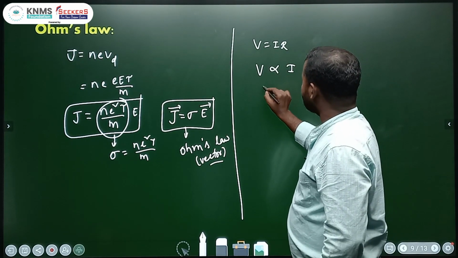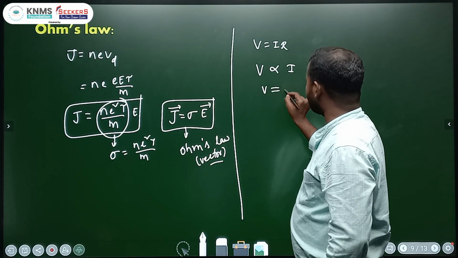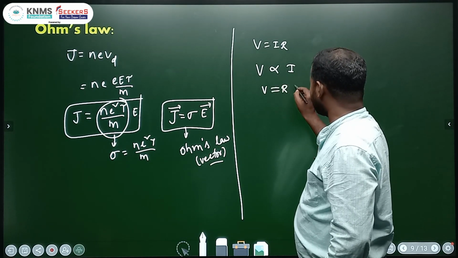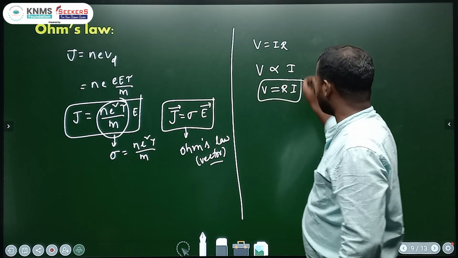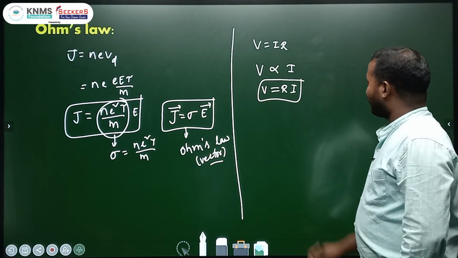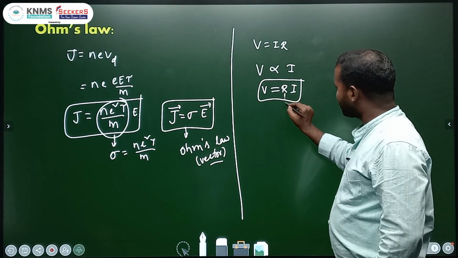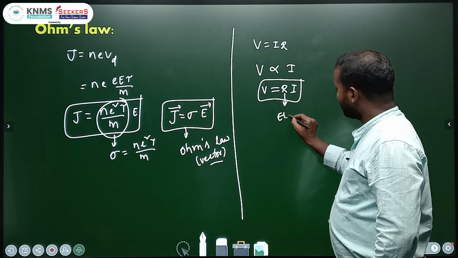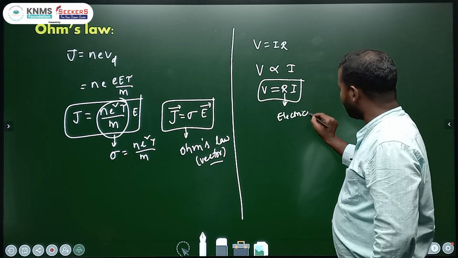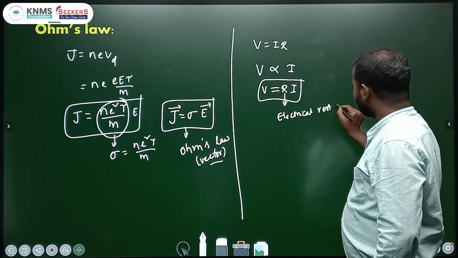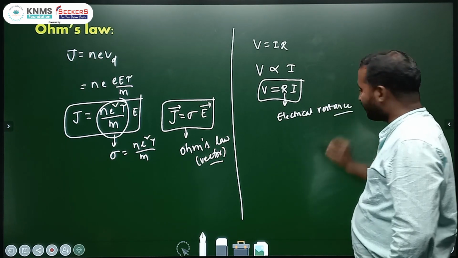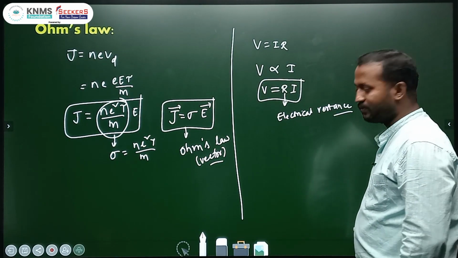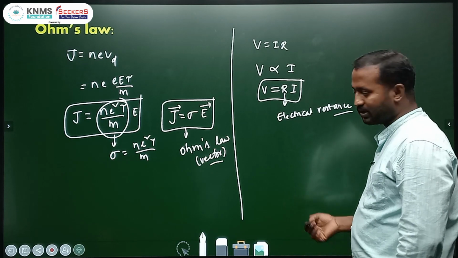If I remove this proportionality sign, I get R as a proportionality constant. That's how you can understand Ohm's law. What is this R? R is electrical resistance, the opposition offered by a conductor to the flow of charge carriers.